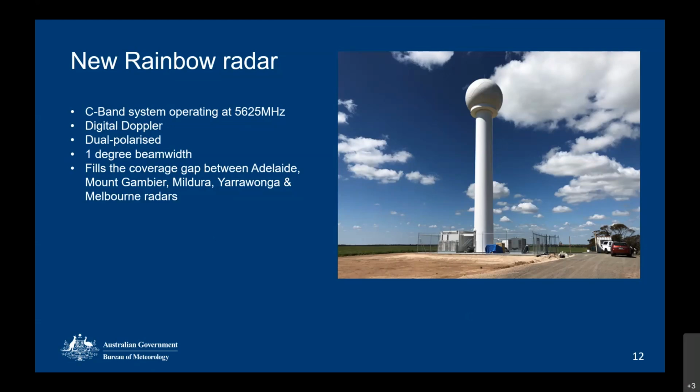The reason we put this radar in is because it fills a significant gap between Adelaide, Mount Gambier, Mildura, Yarrawonga and Melbourne radars. Out in the Wimmera, we used to have a bit of a black hole in radar coverage. Now the Rainbow radar covers it really nicely, and we get contiguous coverage all the way from South Australia over to Melbourne and into Gippsland as well.